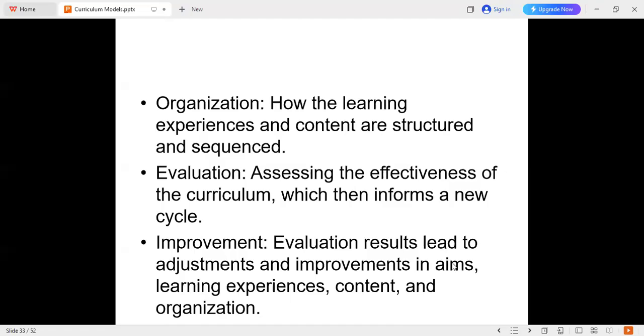We can't compare with the Western countries, but with some Asian countries we can take an example of how they reformed their curriculum and implemented it; that experience is very useful to improve our curriculum. Improvement is a new stage added by Wheeler. Evaluation results lead to adjustment and improvement in aims.